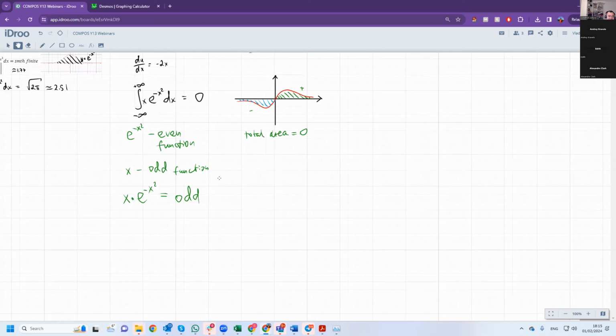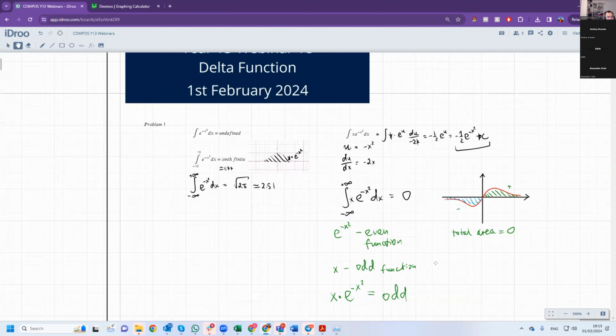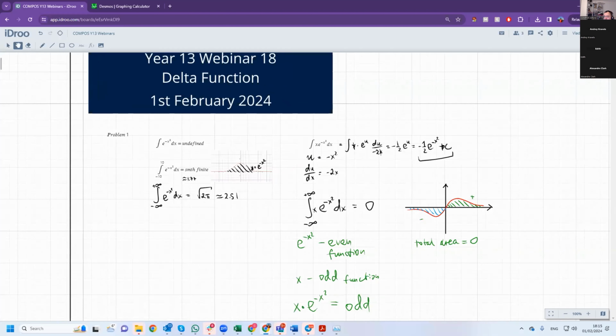Although technically... You might be right. Sorry, I might have messed up. Gaussian. Yes, of course it's square root of pi.